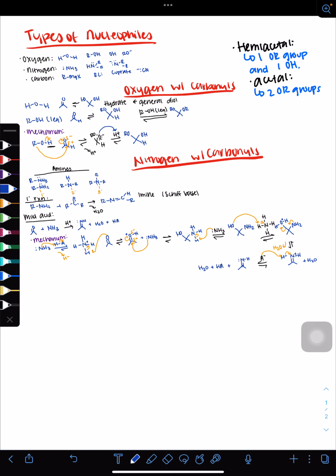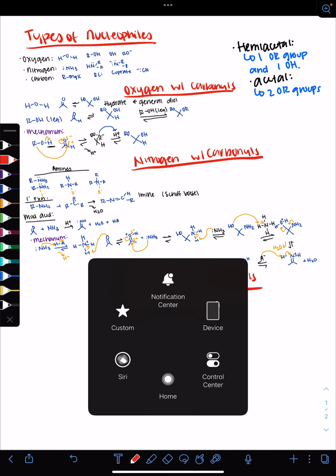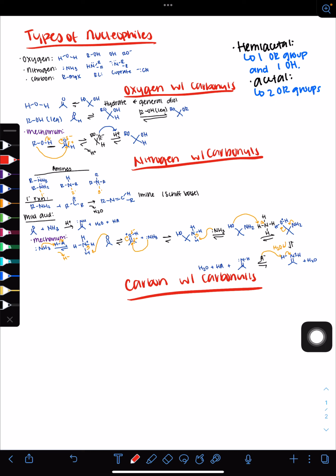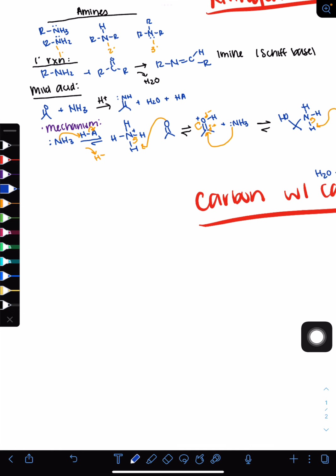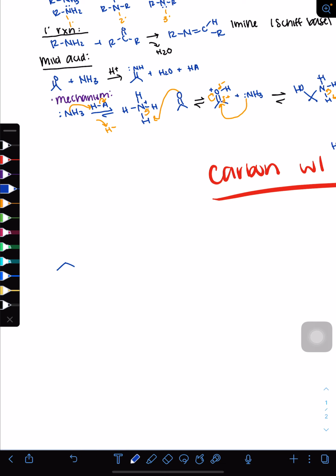Now we're going to keep going to the carbon with carbonyls. And here, if we have this molecule reacting with KCN and hydrogen plus, we know, like always, this is delta positive, this is delta negative.